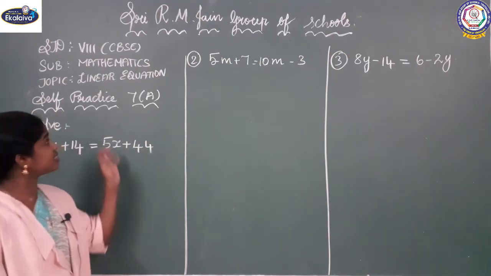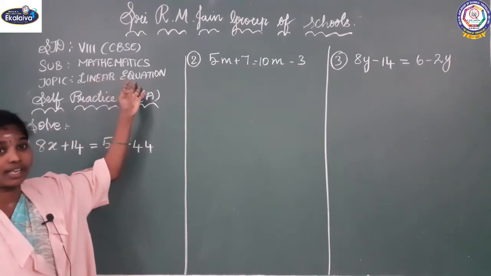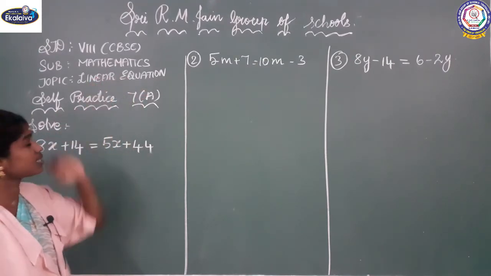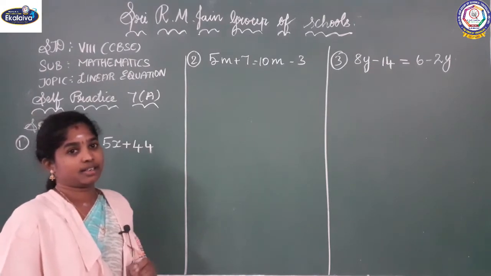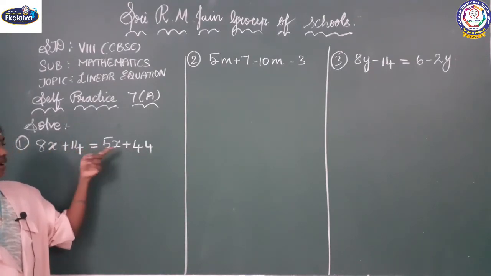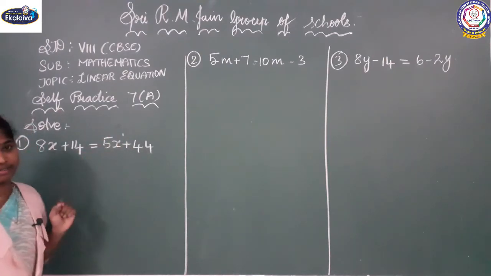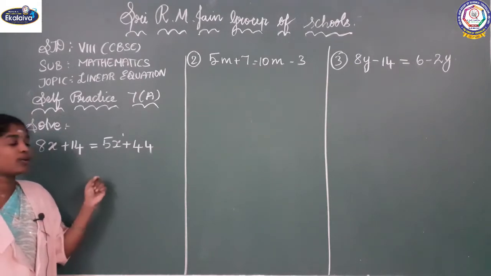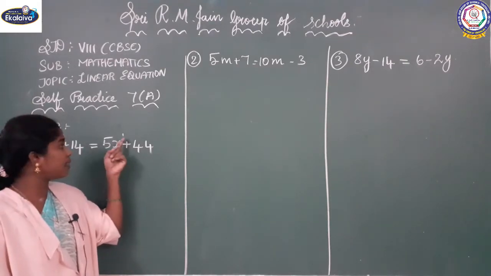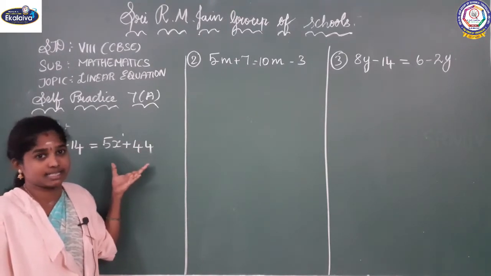Okay, and see the topic. What is linear equation? You know now. So what is meant by linear? Here you see. What is the variable present in this equation? X. What is the power of the variable? 1. So, the power of the variable is 1. The highest power of the variable is called its degree.